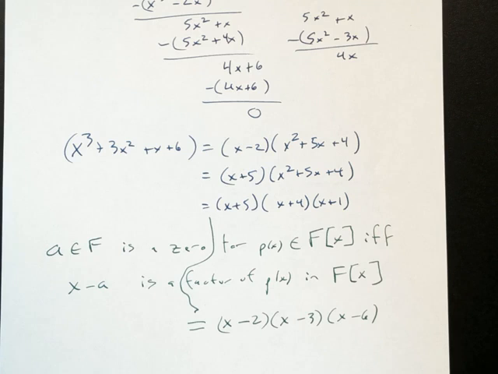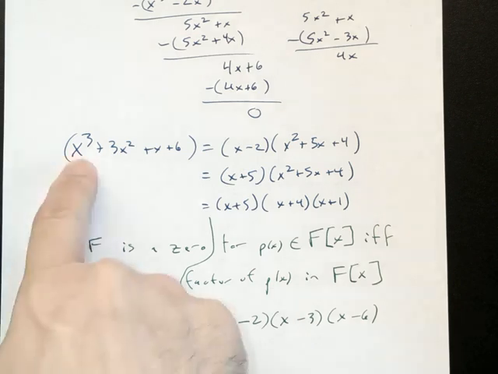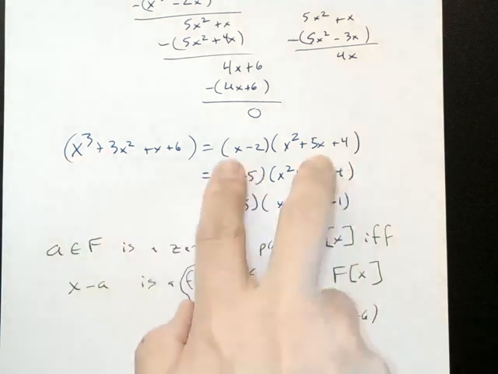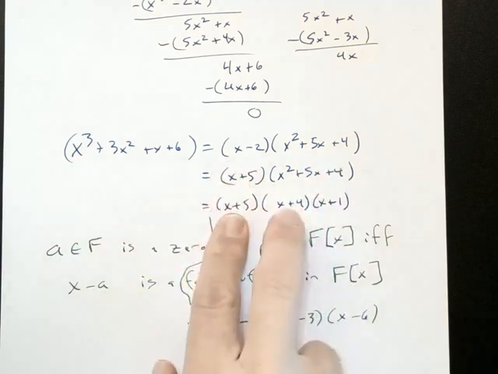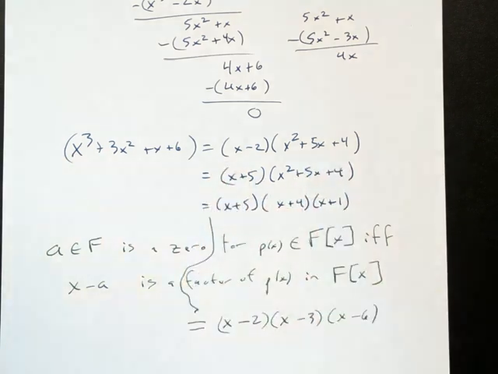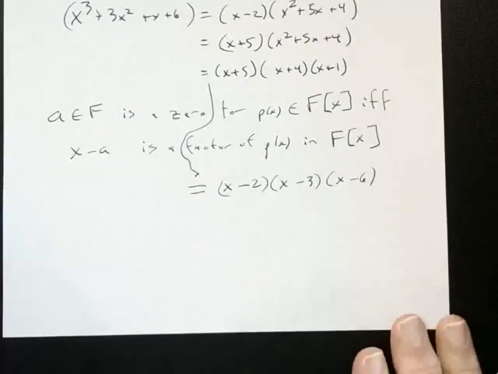Find a root, divide it out, have a smaller degree polynomial. So I went from 3 to 2 to 1, reducing the highest degree in my system, recursively, inductively. Which leads me to one of the biggest results in all of algebra.